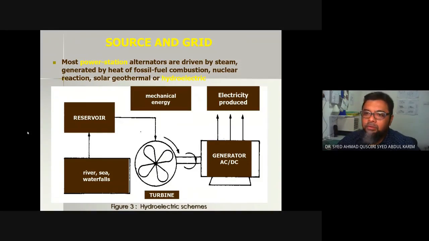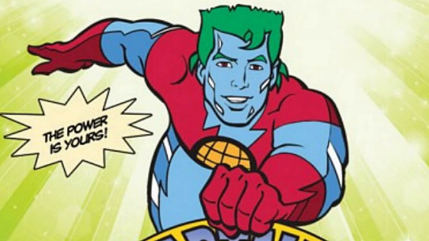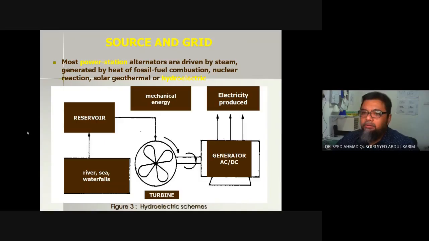However, the use of coal is not very friendly to the environment. However, it's the cheapest. Okay? It's the easiest technology to construct. Besides coal, you can also use natural gas, which is a bit better to generate steam.